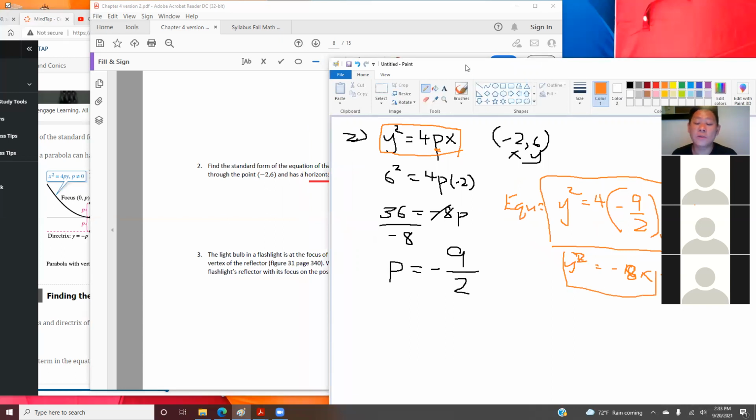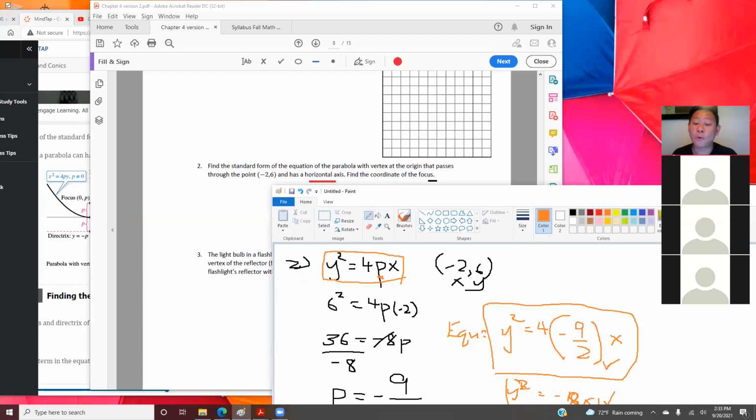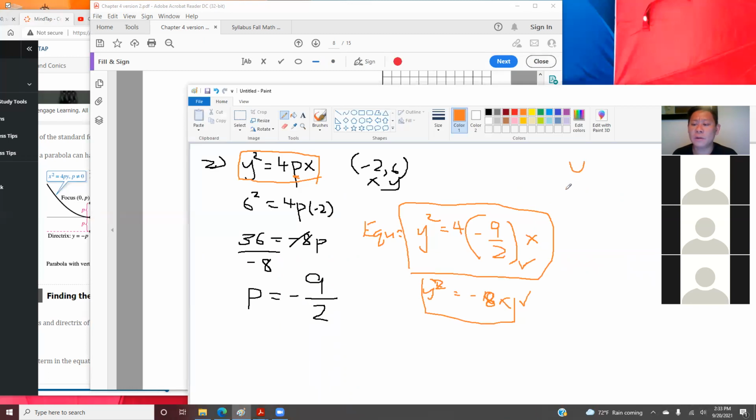And the question wants you to find the coordinates of your focus point. So can someone tell me, is this open upward, downward, C shape, or anti-C shape? Is that 1, 2, 3, or 4? Which one is the correct one for this?